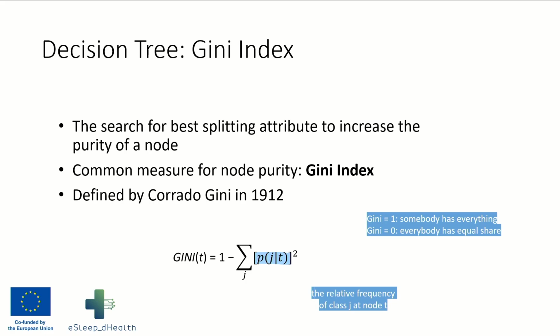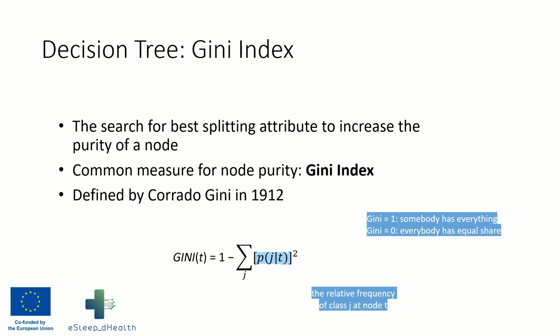And here below you can see the formula of the Gini index. So the bracket means the relative frequency of class J at node T. So if we have 10 people and 2 different classes, then the relative frequency of class J at node T would be the number of one class in comparison to the number of people overall.